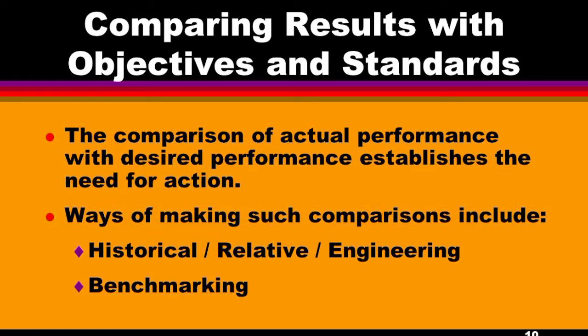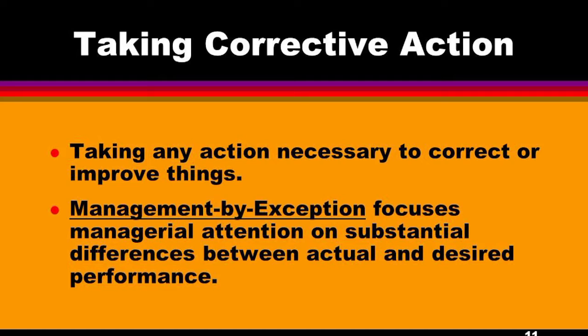And benchmarking means a certain level cap is there, and based on that will be the performance of the individual. If the actual is less than the standard, then there is a need to go for corrective actions, taking any action necessary to correct or improve things.